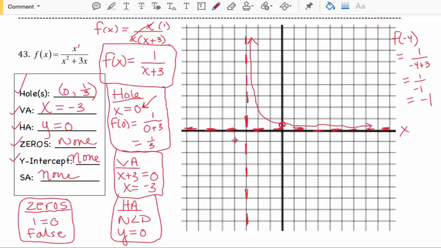And once again, I don't have any intercepts on the x-axis. So as my graph moves to the left, it's not going to swing up because I can't cross the x-axis. I don't have any more intercepts. So most likely it's just going to go ahead and hug that horizontal asymptote. And also, I know my graph's not going to swing over that way because I can't ever cross a vertical asymptote.